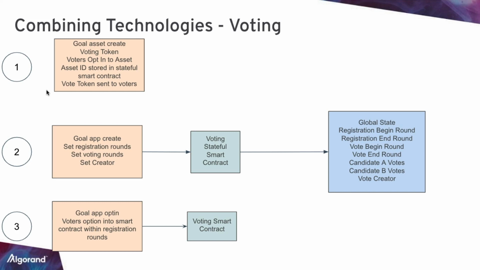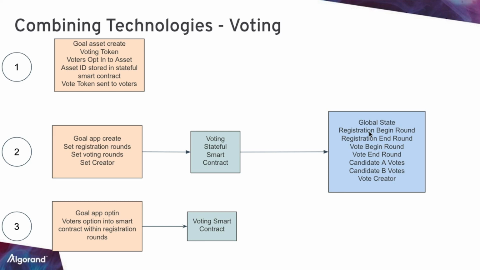So now they have a vote token. And then the way I would make this work is I would create a stateful smart contract with these. You see things in blue here. These are my global state variables that I would assign with the voting application. I would say, okay, we're going to allow voters to register between these two rounds. Those could be dates, by the way. And then I'm going to have a vote between these two rounds.